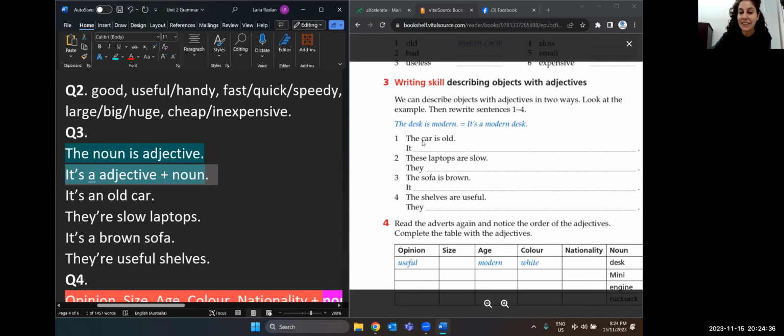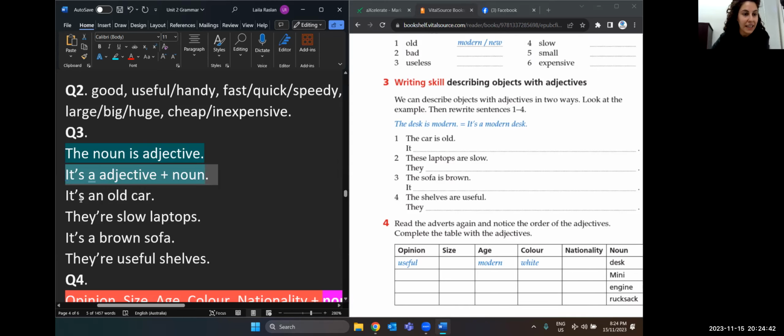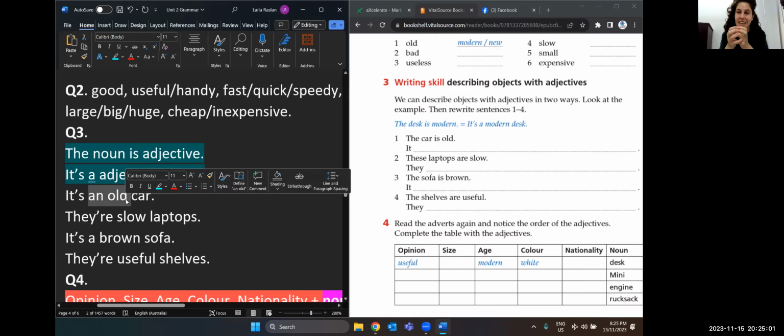So in number 1, the car is old. Or how can we say that? It's an old car. Yeah. So remember, an is a short word, so we need to push it a little bit. Or what happens is that someone like me, a native speaker, when I hear you, it sounds like you've connected these words together because you didn't separate them in your voice.